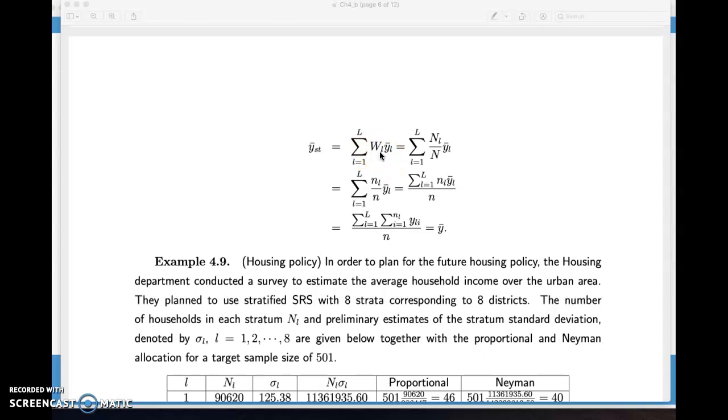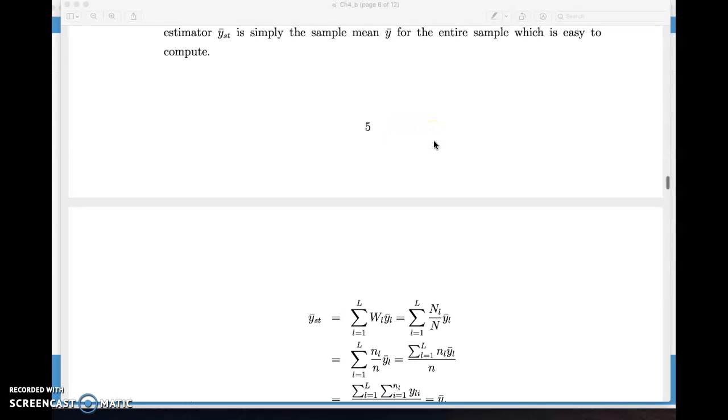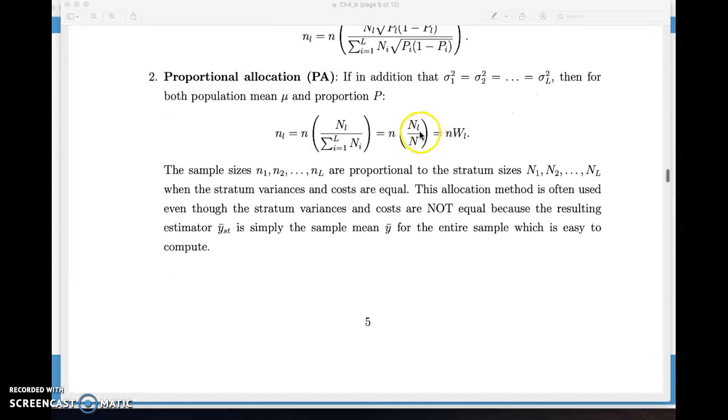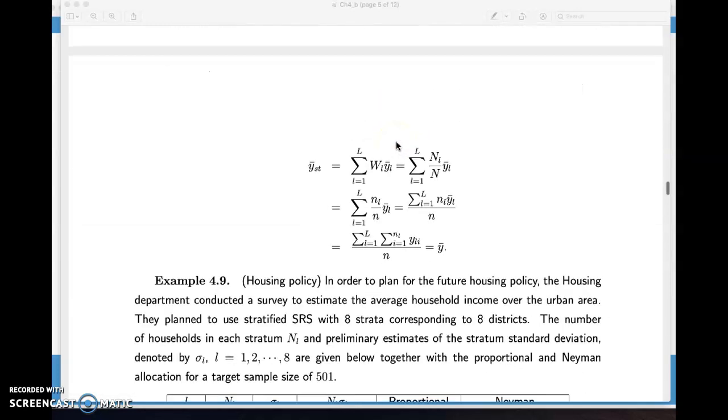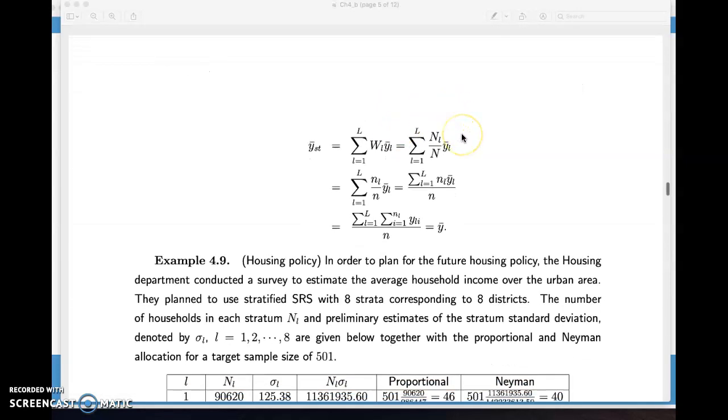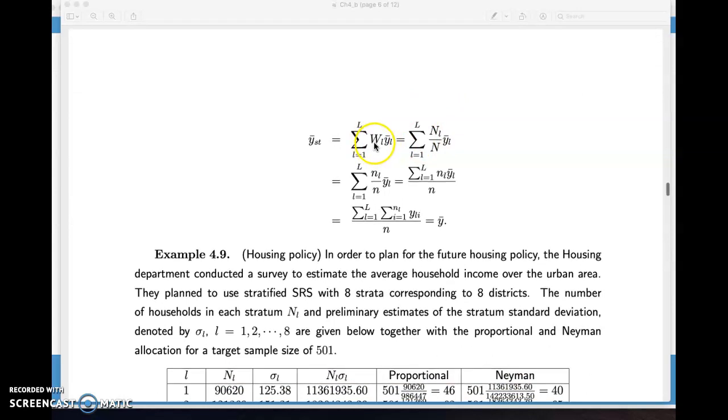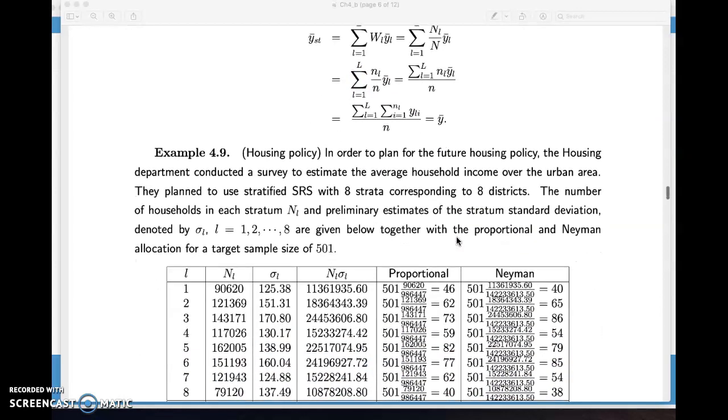Under proportional allocations, it is the same as the little w, because the proportion of the populations is the same as the proportion of the sample size. So it's a special case under proportional allocations that the capital W L is the same as the little w L, and it is also an unbiased estimator for the population mean.